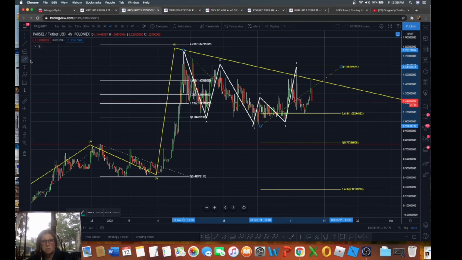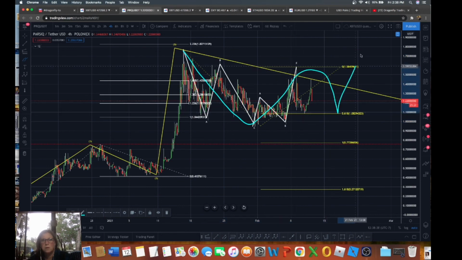So basically, we want to see a running flat that looks like this. And then we take off again. Because if we come down into our wave 1, we've invalidated this as more upside.